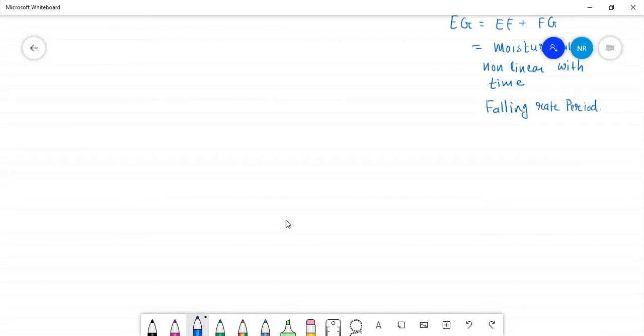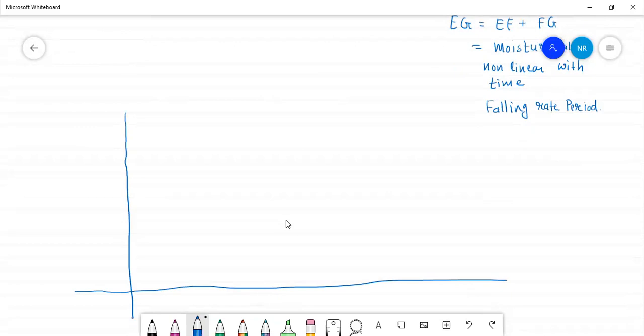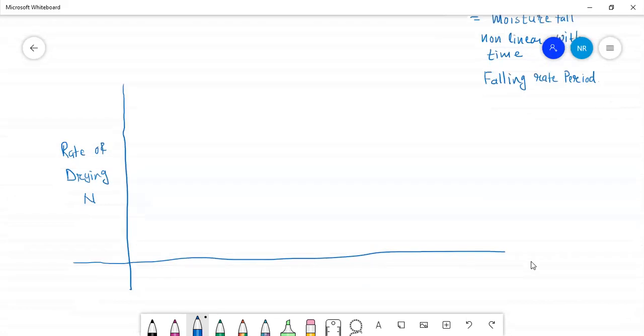The graph is between the rate of drying N versus moisture content X. Initially we have a moisture content Xi.